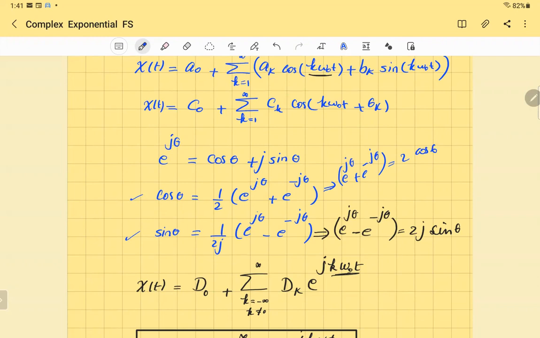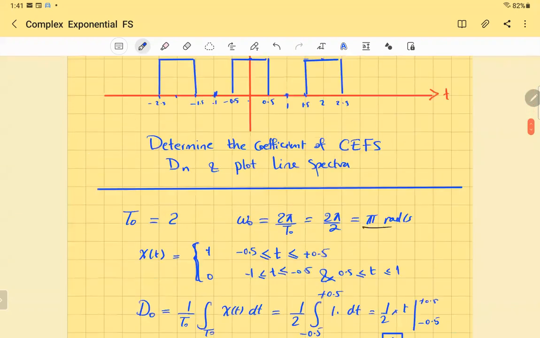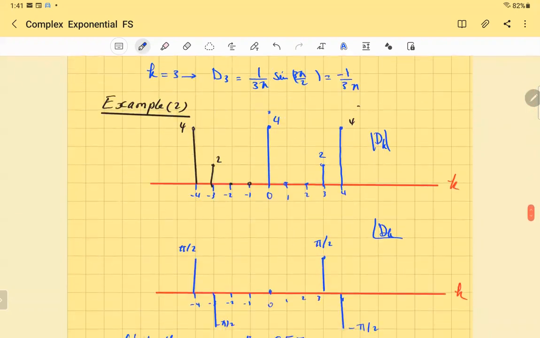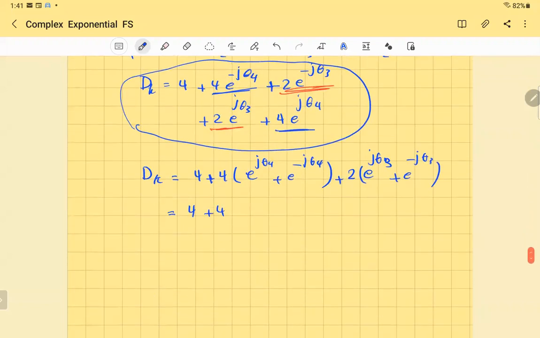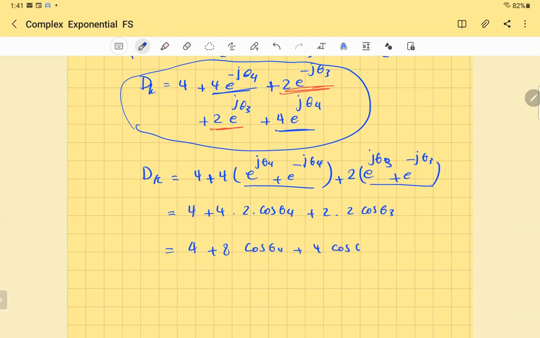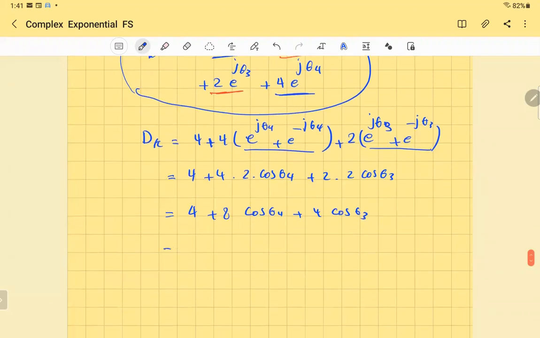I'm not cheating you. Go back. So this term would be 2 cosine theta 4, and the other one will be 2 cosine theta 3. So you have 4 plus 8 cosine theta 4 plus 4 cosine theta 3. That's the answer.